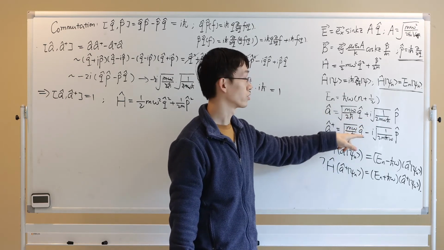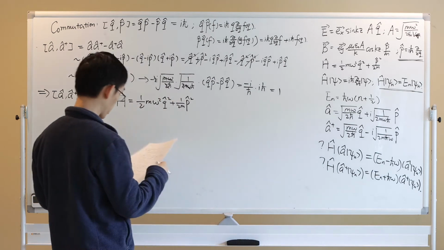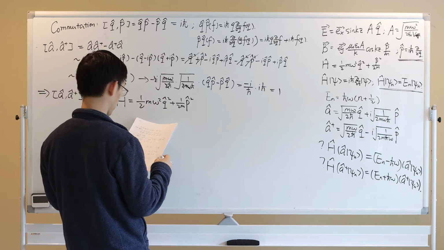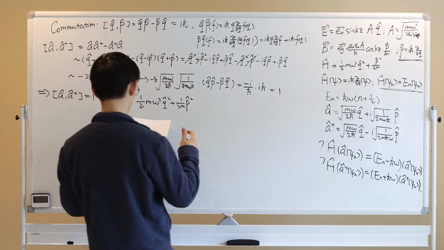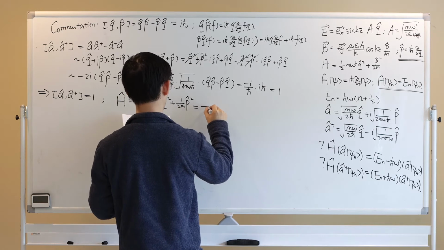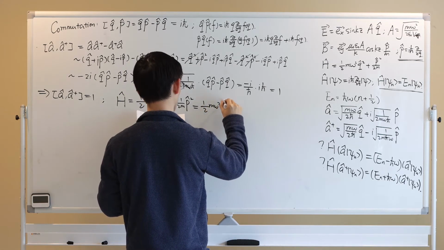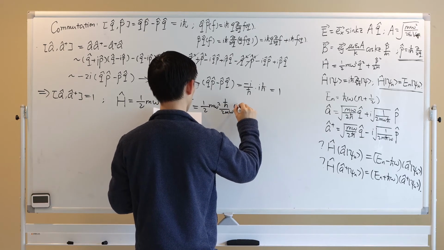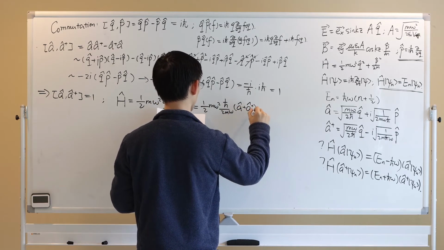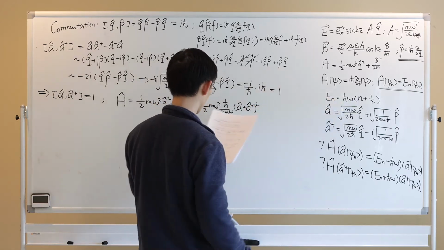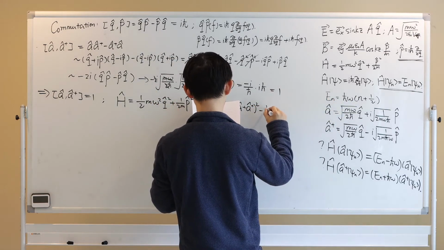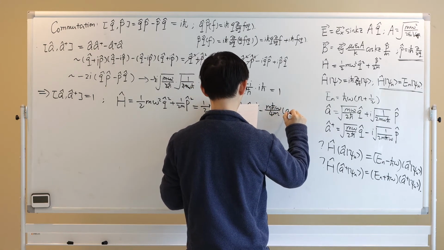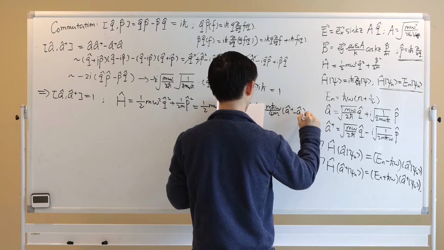You subtract these two equations, you get P. So if you do that, then what you get is, let me write it down here, H equals m omega squared h bar over 2m omega times (a plus a dagger) squared, and then minus m h bar omega over 4m times (a dagger minus a) squared.